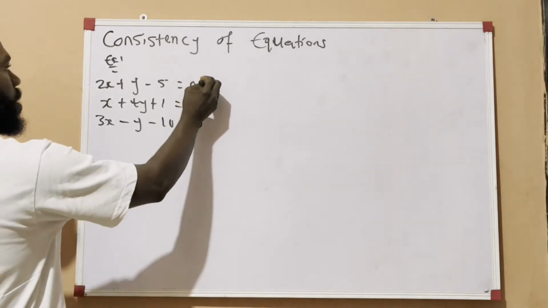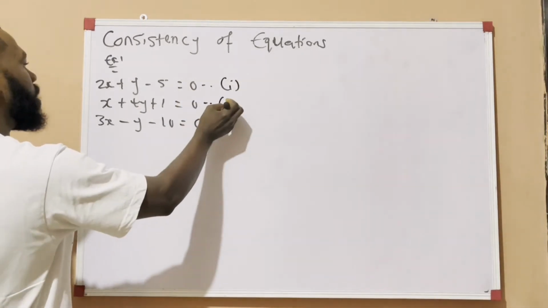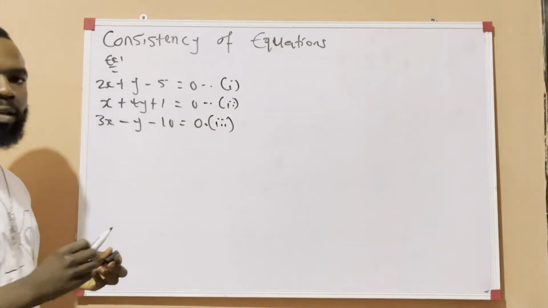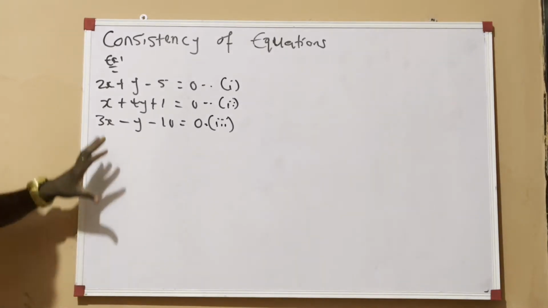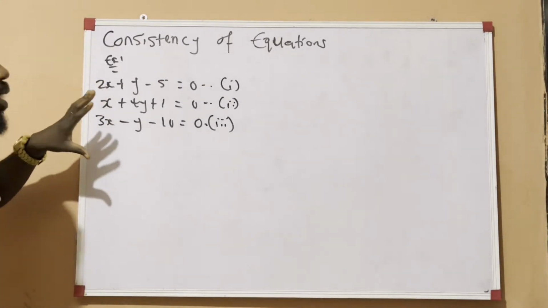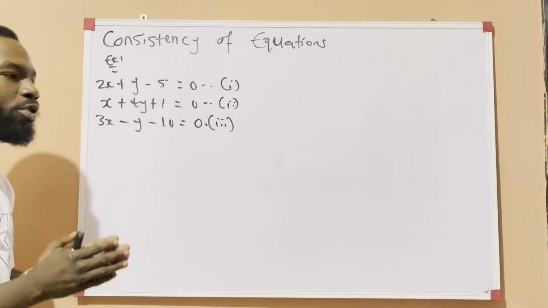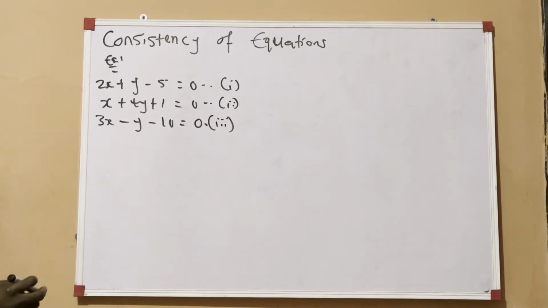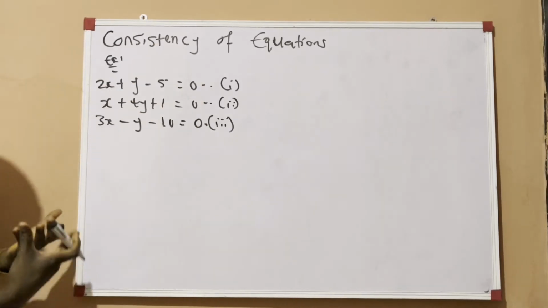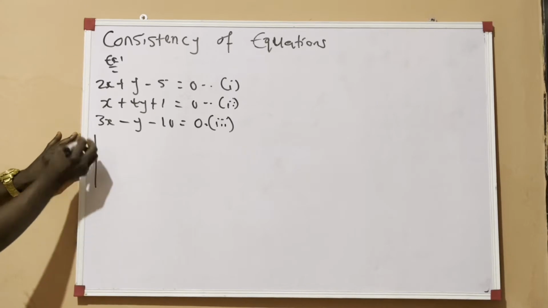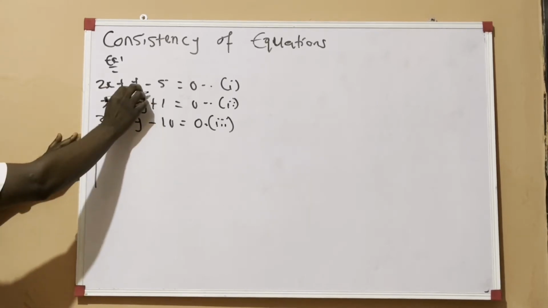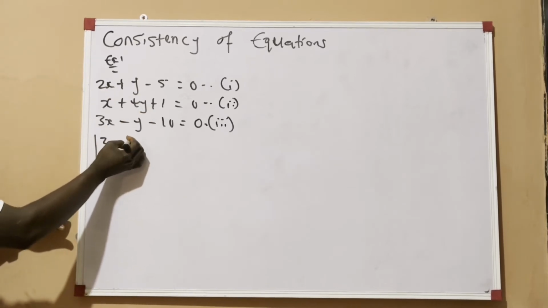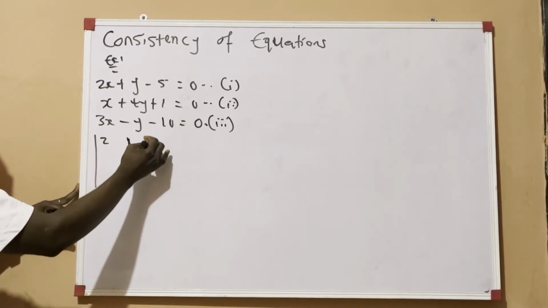Now let's call this equation 1 to begin with, equation 2, and equation 3. Like I said, for us to know if these equations are consistent, we have to solve for the determinant, and the result must be equal to 0. So let us see. Representing these equations in matrix form, we have 2, y is carrying a positive 1 constant, and here we have a negative 5.